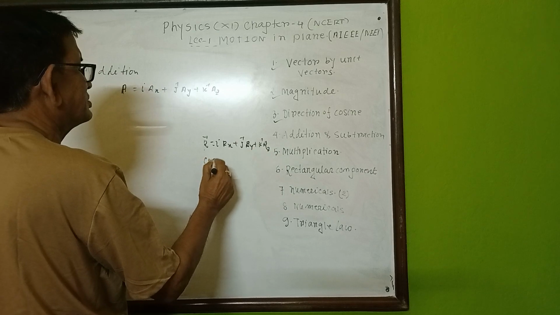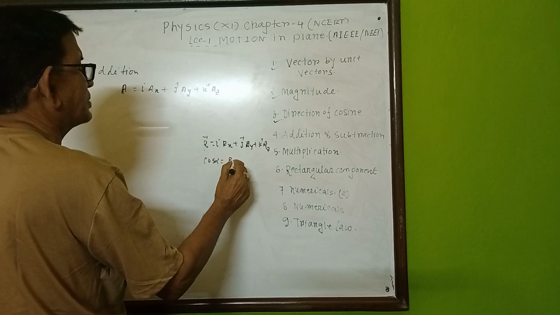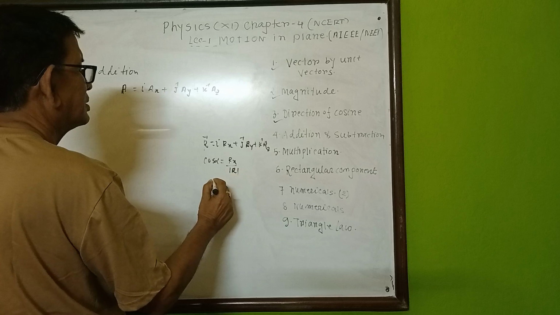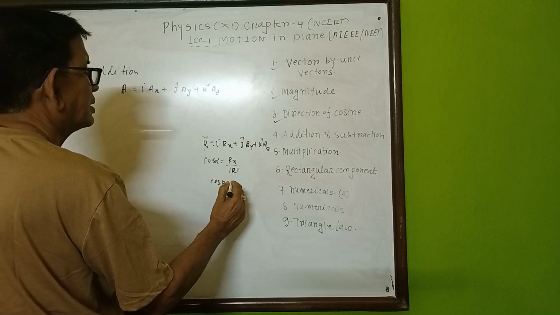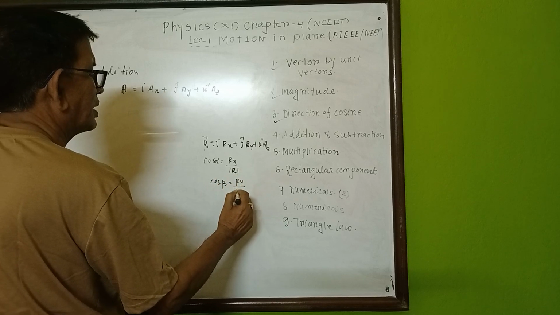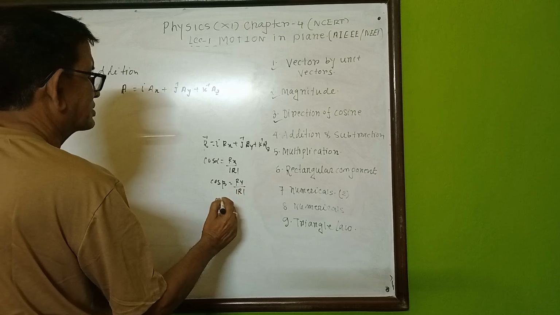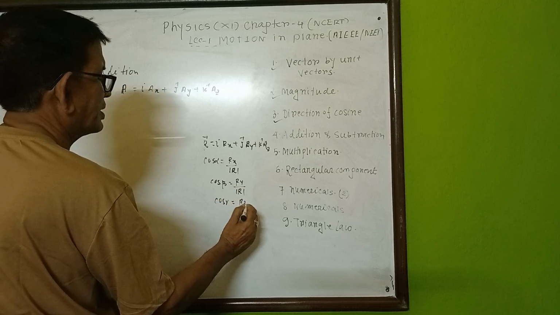Then direction cosines will be cos alpha equal to Rx by magnitude of R, cos beta will be Ry by R, and cos gamma will be Rz by R.